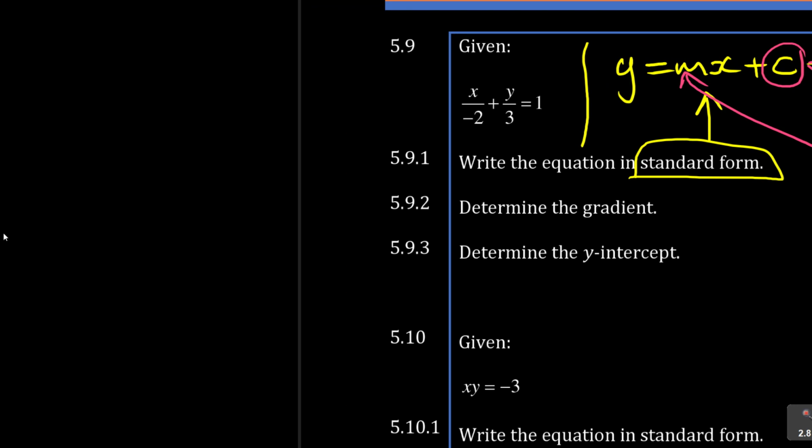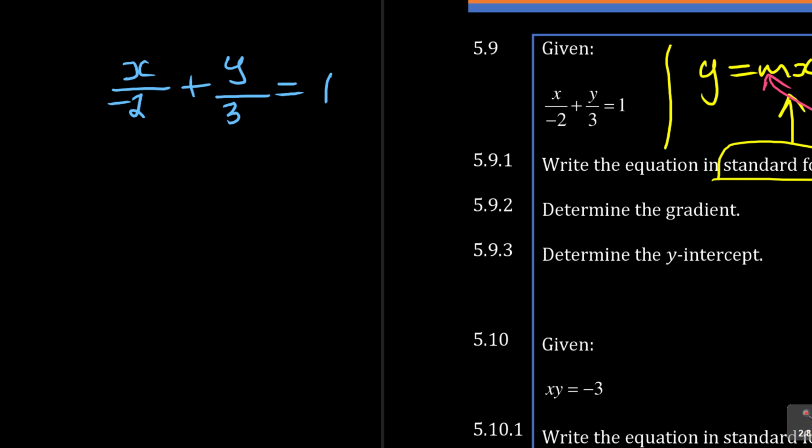They gave you this to say you have got x over negative 2 plus y over 3 is equal to 1. So now we are back on fractions. I need to get rid of these fractions here.